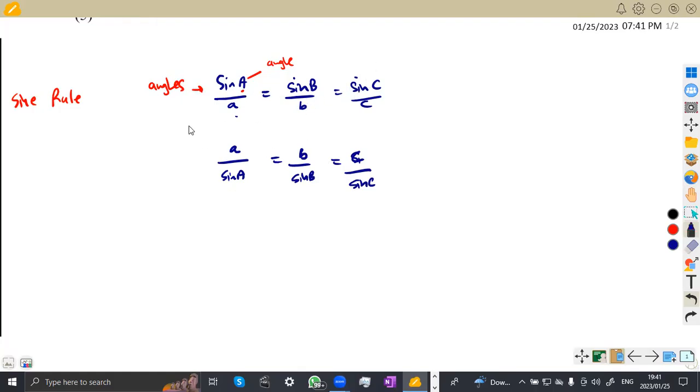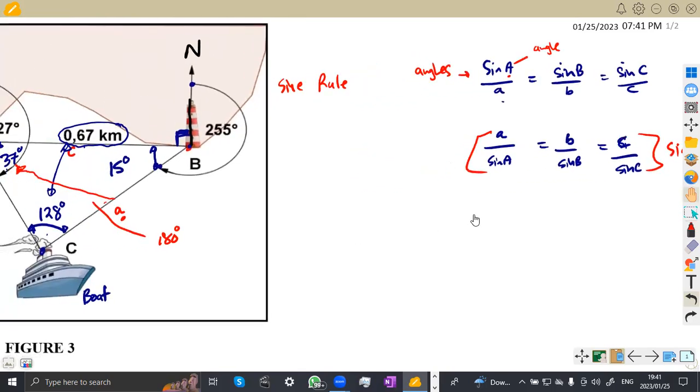So it's best to use it this way if you are calculating sides. But I'm not saying this formula is wrong. It's fine, but it's best for you to take it this way. Okay, anyways, I'm just going to have this part down.